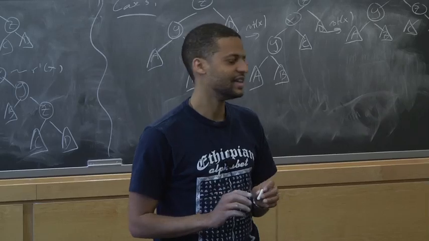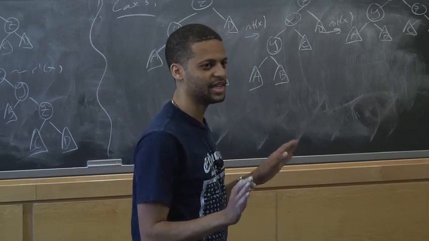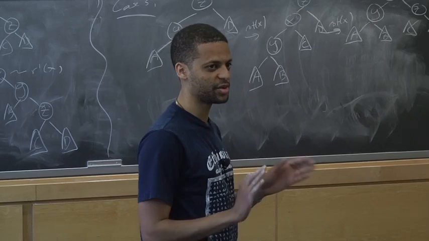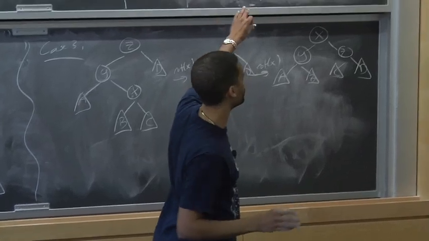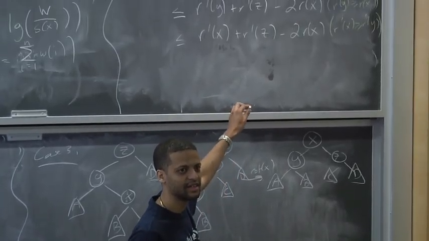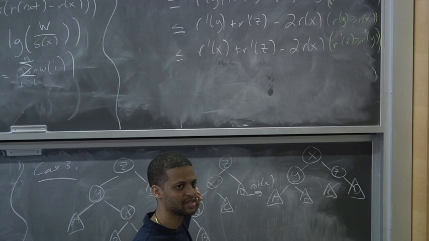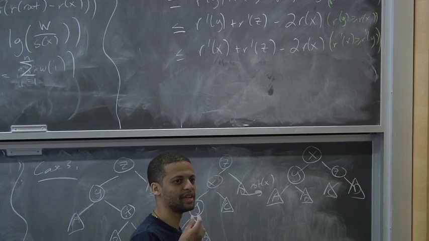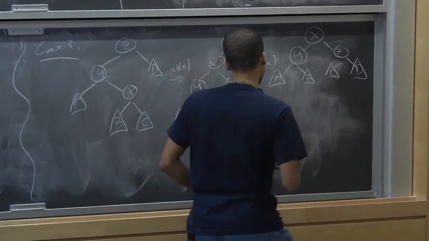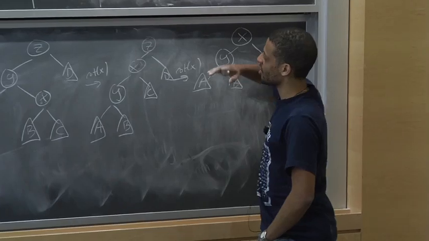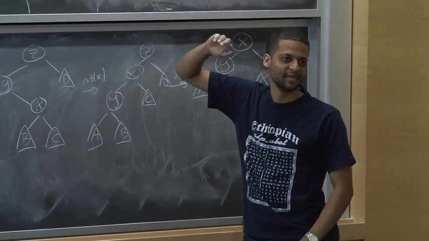Then we'll go back and see what that means in terms of bounding real cost in terms of amortized cost. But once I do that, I'm going to allow these r primes to be negative numbers. So things that are above you in the tree could be even more negative potentially.